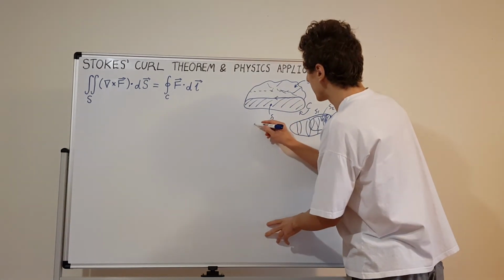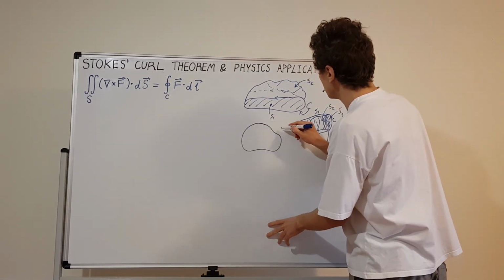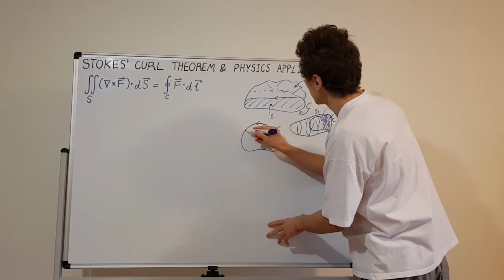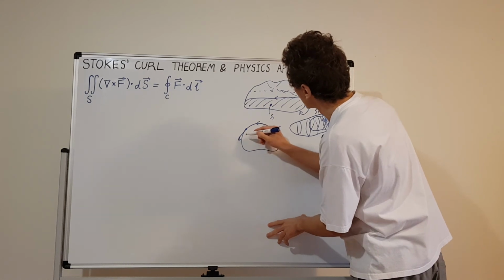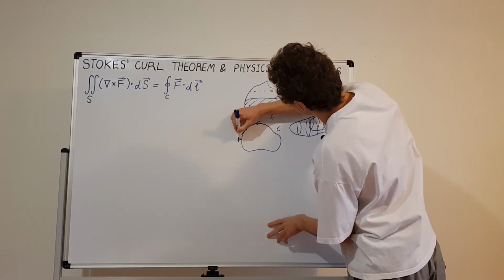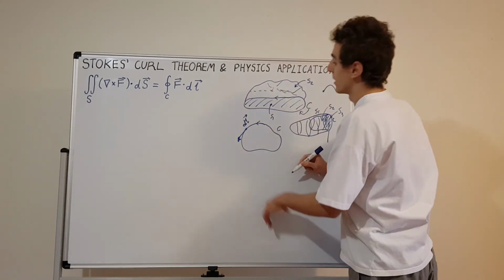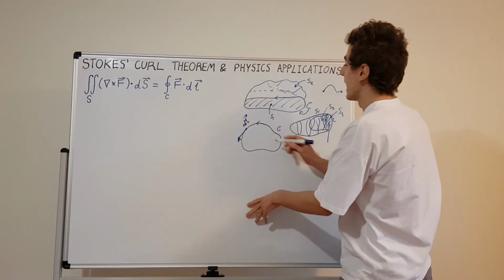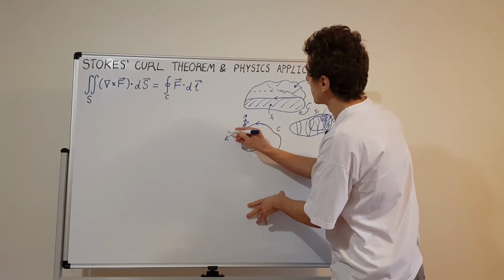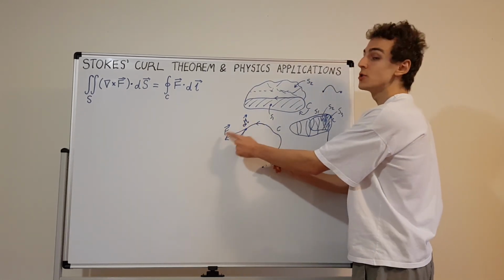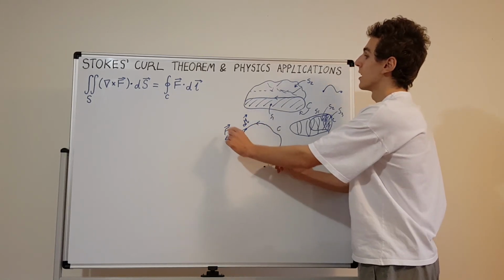If we were to take some general C, what we could do is follow this around. We could take a little chunk, a tiny little increment, I'm going to call that dl, right? So a tiny little vector, dl. And then we could take the vector field, which could be pointing in this way. That's F. We could take the dot product of those two values, and that would give us one of these guys.